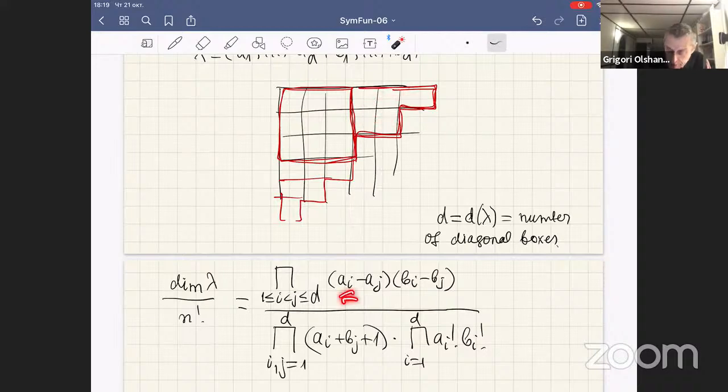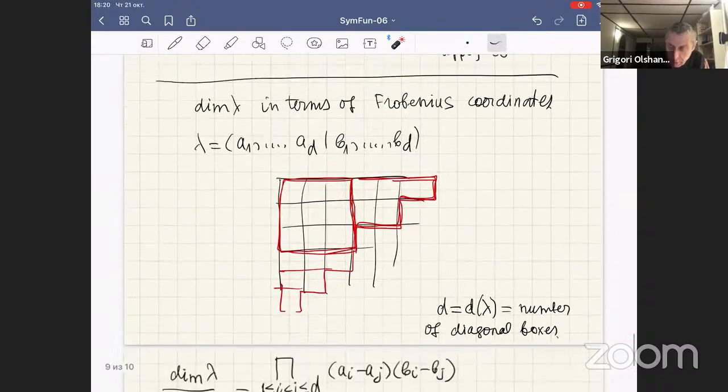Because the A coordinates are just the row length plus some additional terms, and these additional terms are exactly this one. And also we use here the fact that the dimension is invariant under transposition, so we can freely apply the Frobenius formula for the transposed of this shape, which you read.